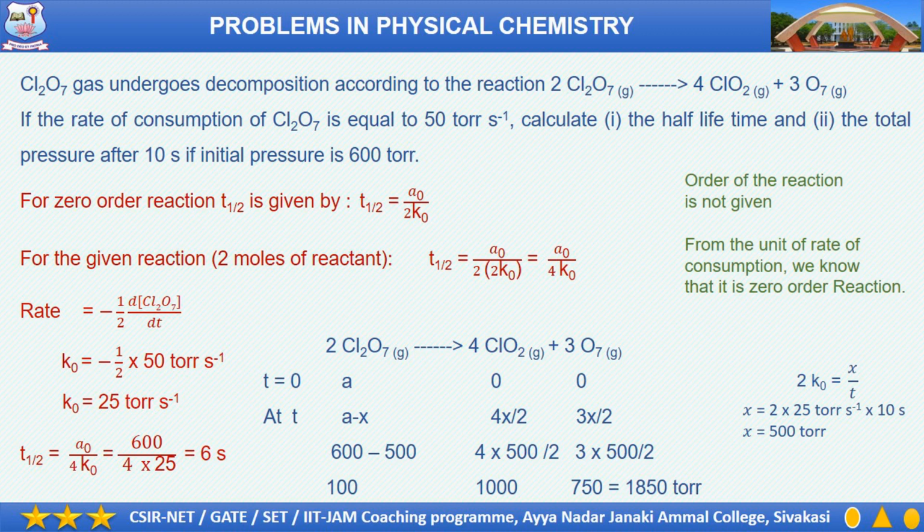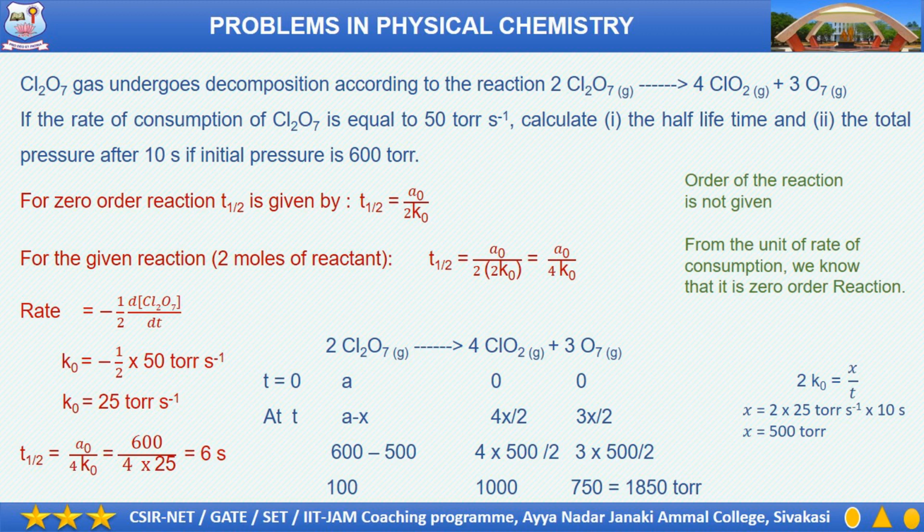From the rate equation, the rate is equal to this one and K is equal to so much torr per second. What does it mean? Concentration per second, as the unit of K is concentration to the power 1 minus n, where 1 minus n is equal to 1. Therefore, what is the value of n? It is 0. It is a zero order reaction, from the unit of K. Now you put the rate of consumption and find out the K0. From that, you can easily find out this one.